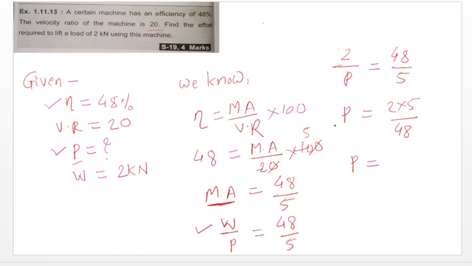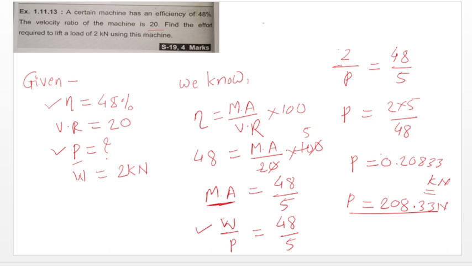The answer is 0.20833 kilo Newton. If you want it in Newton, it becomes 208.33 Newton, which means we have multiplied by 1000.